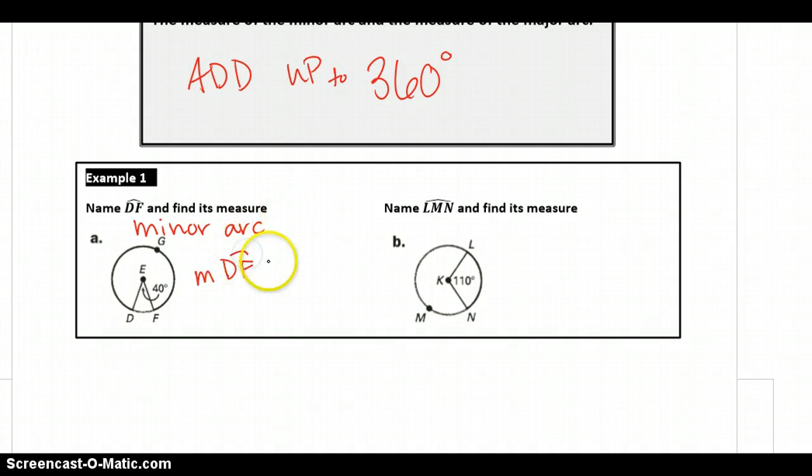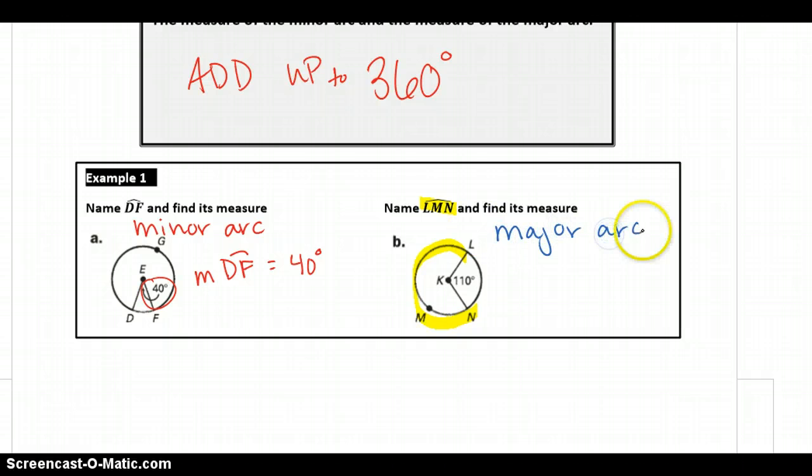Alrighty. Thanks. The measure of that minor arc is given to us here as 40 degrees. L, go through M and get to N. Is that going the shorter distance or the longer distance? We start at L, go through M and get to N. That's the longer distance, so that is the major arc. And how are we going to find its measure? The measure of this angle in here.